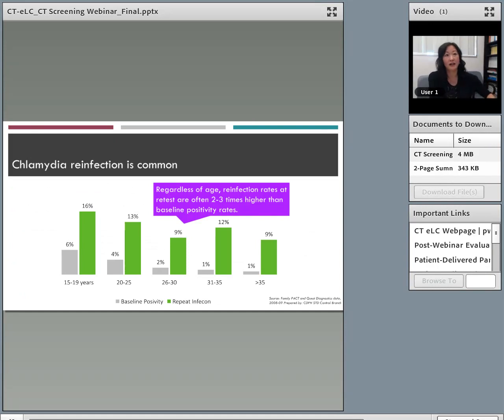And so before I get into reinfection, which is one of the important pieces of this talk, I wanted to know how many folks out there, if you could raise your hands to agree or disagree, have worked with a client or a patient who's had chlamydia twice or more in a 12-month period.